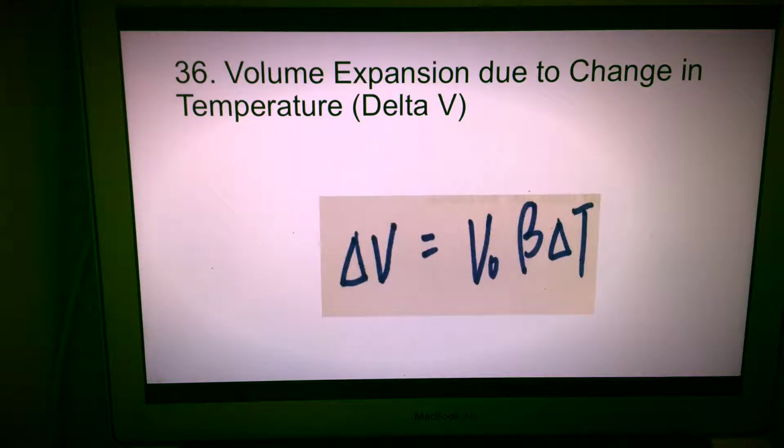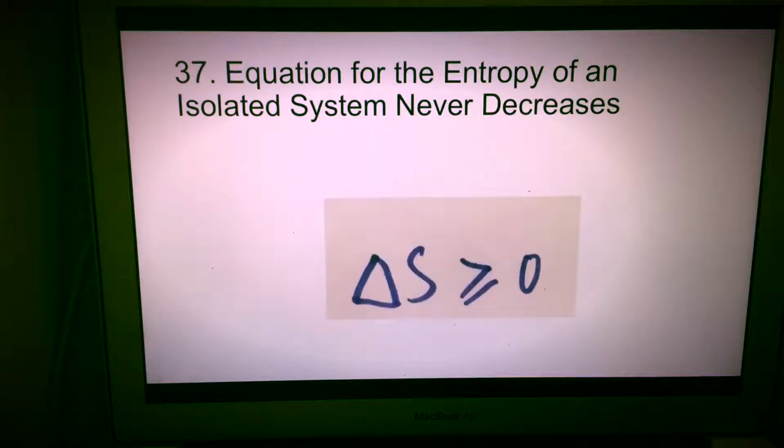Delta V equals V0 times beta times delta T. This means when the temperature increases, the volume increases. Equation for entropy: for an isolated system, entropy never decreases. S is the entropy, but delta S cannot be less than 0, because the reaction cannot reverse.